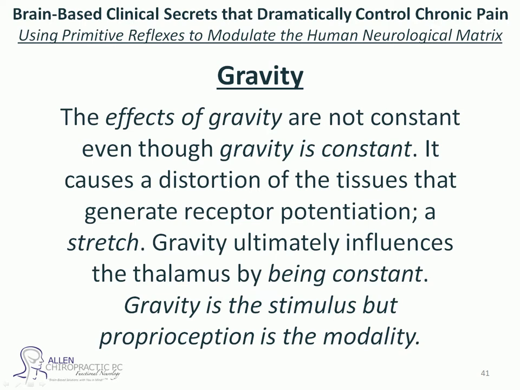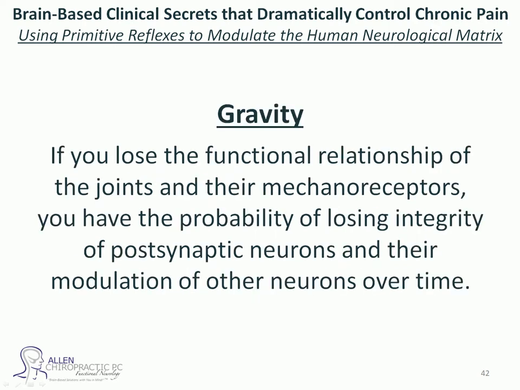Gravity is constantly there, so it drags on our tissues, and it's the perception of that drag through proprioceptors that causes the nervous system to perceive your position in your environment. If you lose the functional relationship of the joints and their mechanoreceptors, you have the probability of losing integrity of postsynaptic neurons and their modulation of other neurons over time.